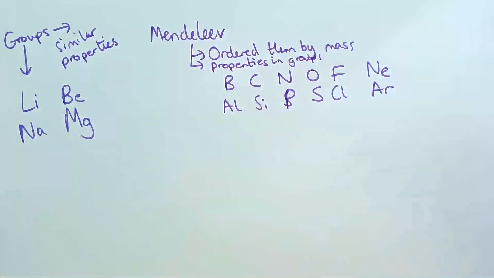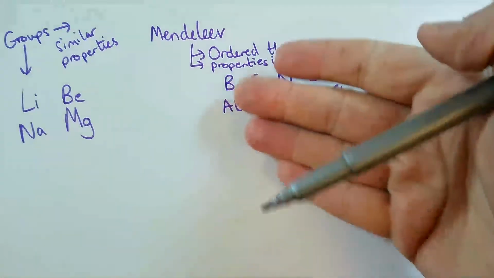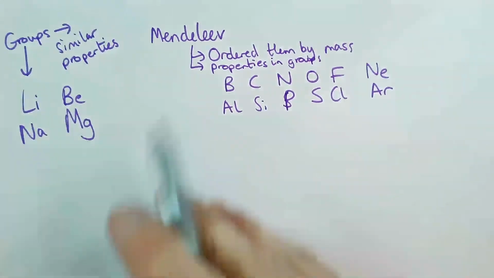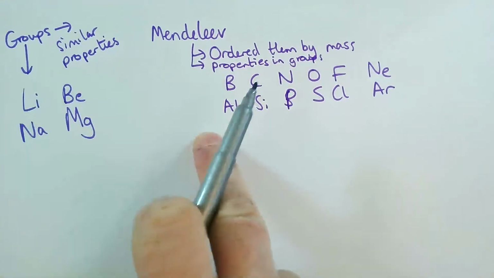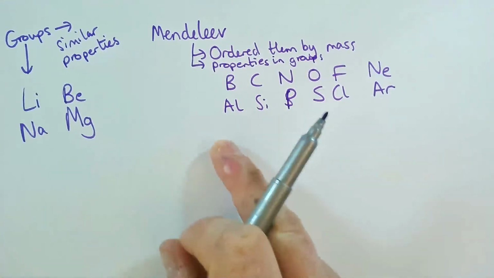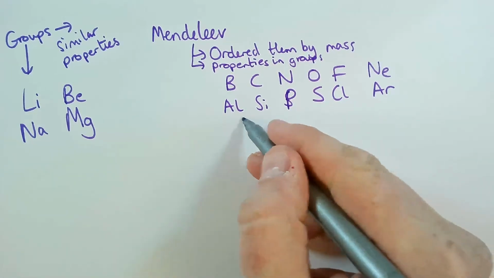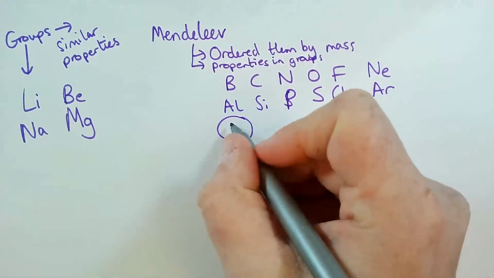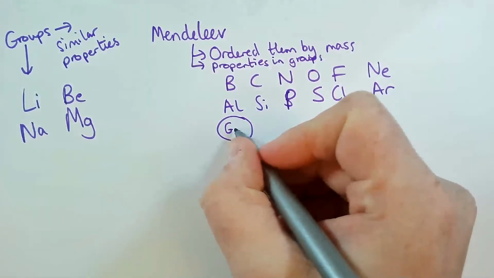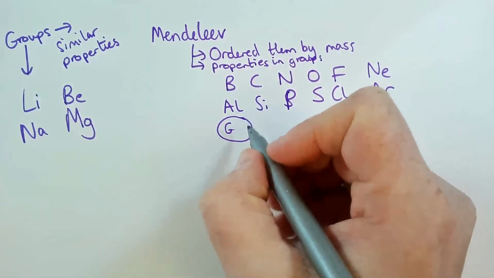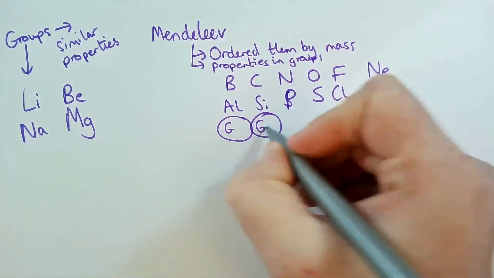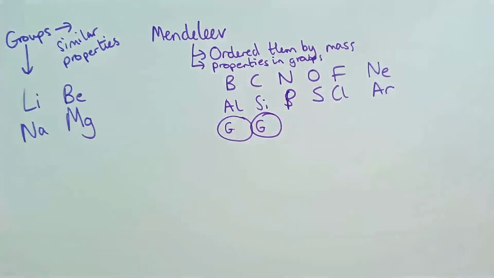But here's the actual real clever part that he does. When he gets here, he starts putting them in order. And then it turns out the one below aluminium is either gallium or germanium. So these ones here, they are gallium or germanium, he doesn't know which.